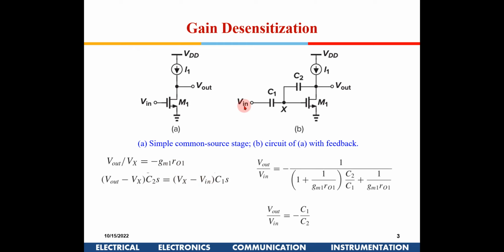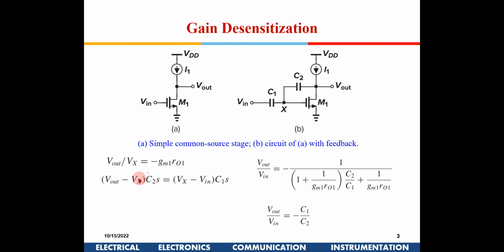Current is voltage divided by impedance, and the impedance is 1 by Cs, so that's why it comes into the numerator. For a resistance it is V divided by R. Capacitance impedance is 1 by Cs, or 1 by Cjω. So that is why this has come into the numerator.